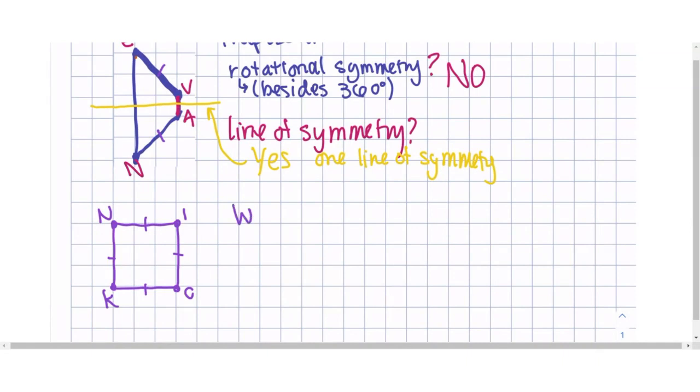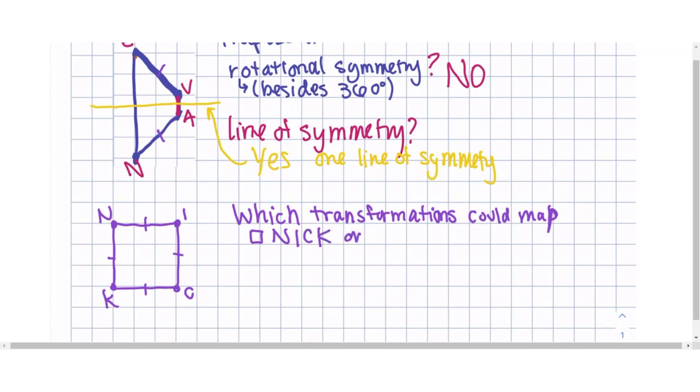Here's the question: which transformations, so that's rotating it or reflecting it, which transformations could map square NICK, that looks funny to say, onto itself?